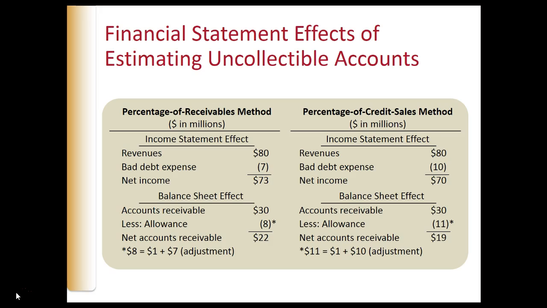This is why the percentage of revenues method, which is the balance sheet method, is the preferable method, while the percentage of credit sales method, again the income statement method, is allowed only if amounts do not differ significantly from estimates using the percentage of receivables method.